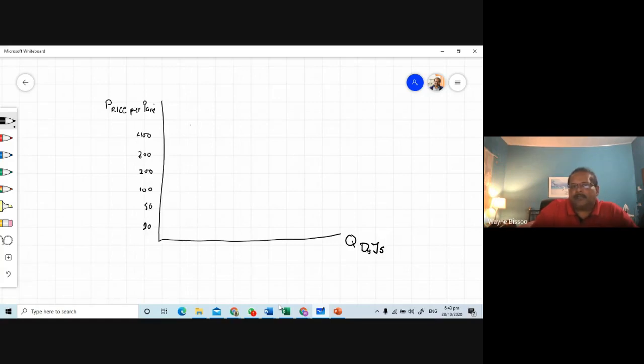So if this was our demand curve D1, this is the original demand before it became fashionable. When the distressed jeans became more fashionable, what you find happening is that the demand curve shifted to the right, meaning that the quantities demanded at all prices rose.